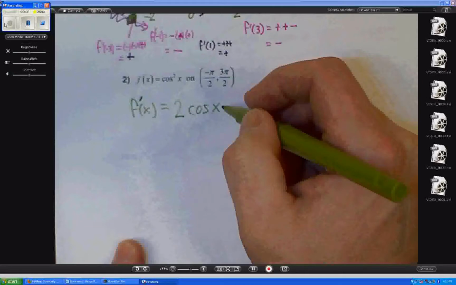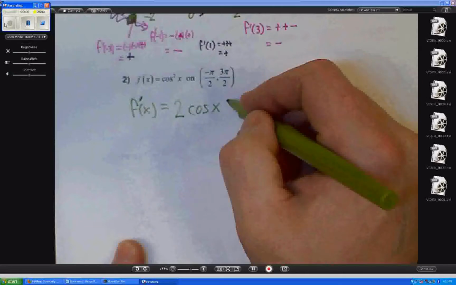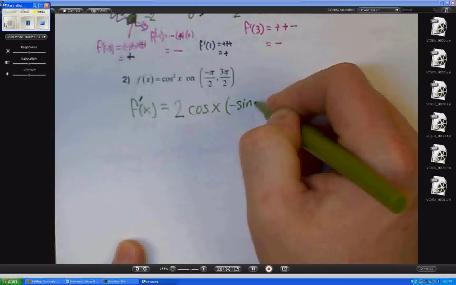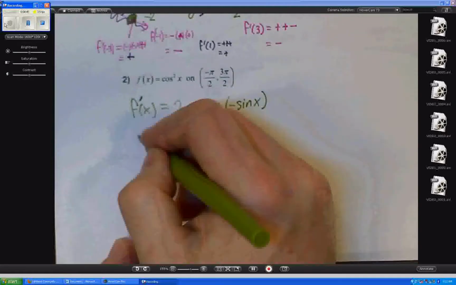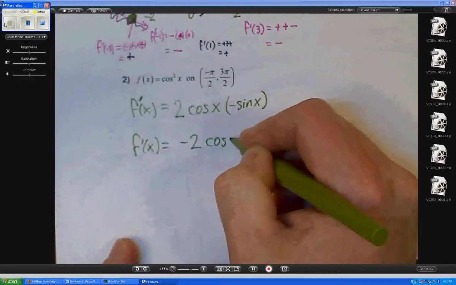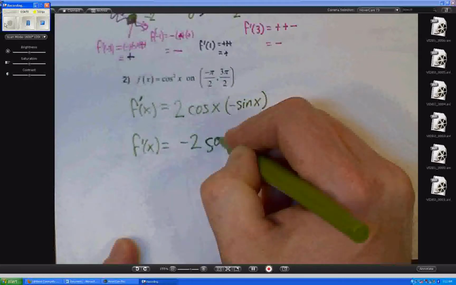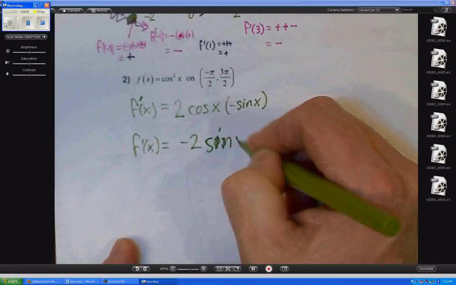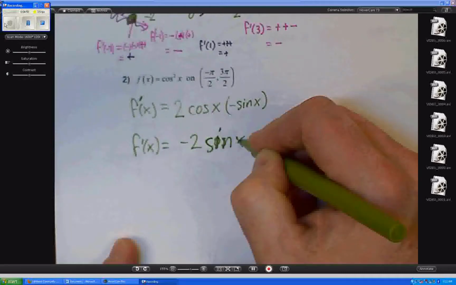What's the derivative of cosine? So I think I would write this as f prime of x equals -2, a lot of people would write it as sine x cosine x. I don't know why we do that, but we do. -2 sine x cosine x.